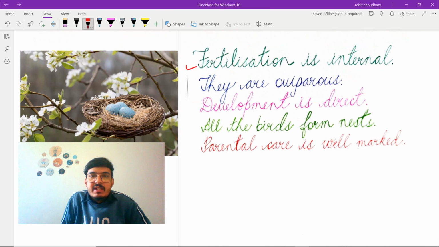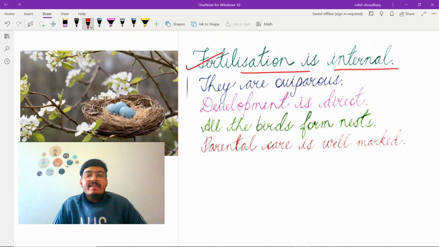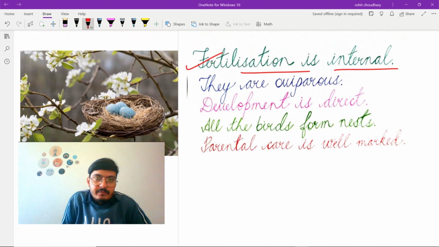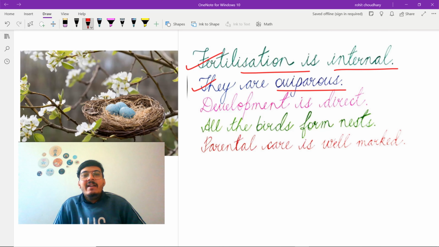The next feature is that fertilization is internal. Fertilization does not take place outside; it takes place inside the body of the bird. They are oviparous, that means they lay eggs, and they have amniotic eggs. Amniotic eggs means they have an extra-embryonic membrane, the amnion, and the amniotic egg is enclosed in a calcareous shell.